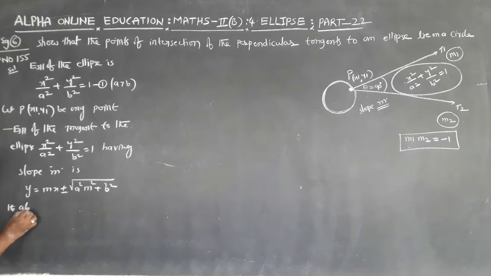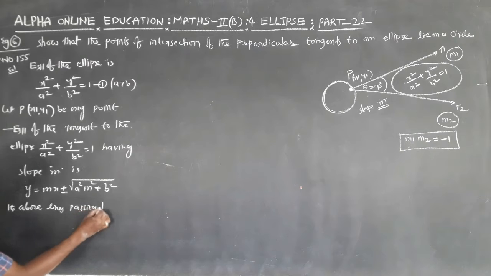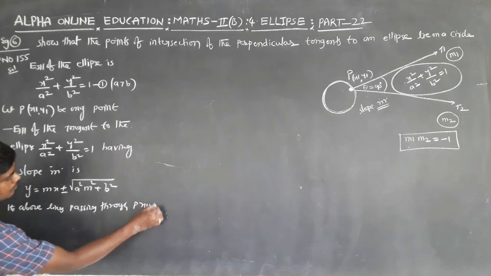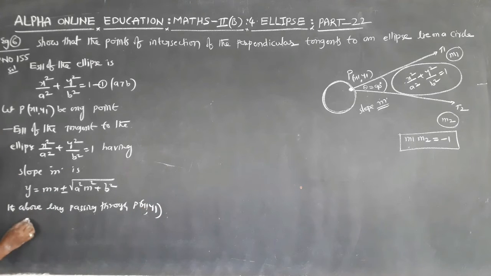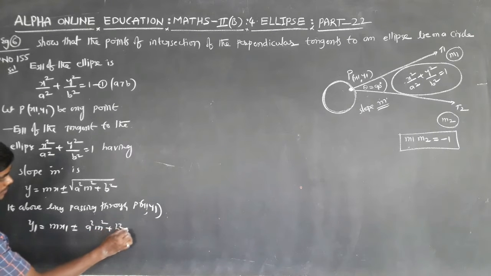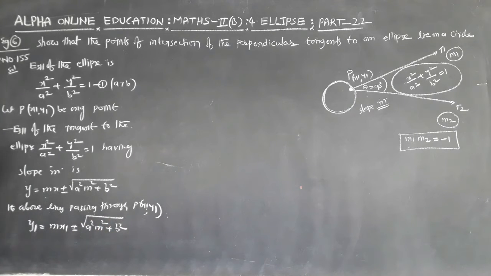So the above lines pass through P(x1, y1). Substitute y equal to y1, x equal to x1. So y1 is equal to mx1 plus or minus under root of a square m square plus b square.